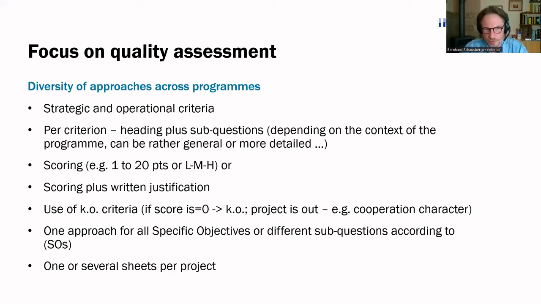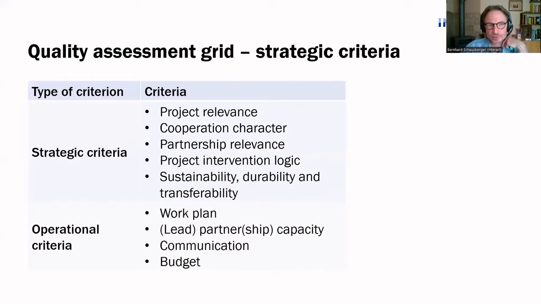And you can have a scoring plus written justification, which was always my favorite, but I heard from colleagues there are good reasons to provide just scores on your assessment. Then you have the option to use knockout criteria. So there are many, many different options. And we'll move on to the next one.